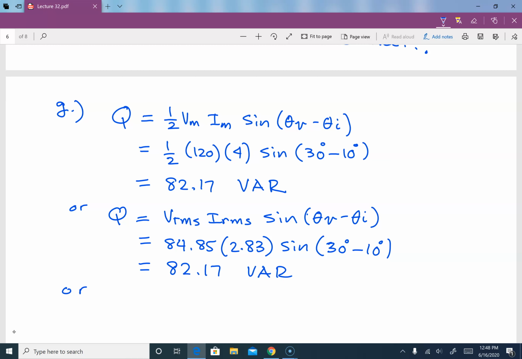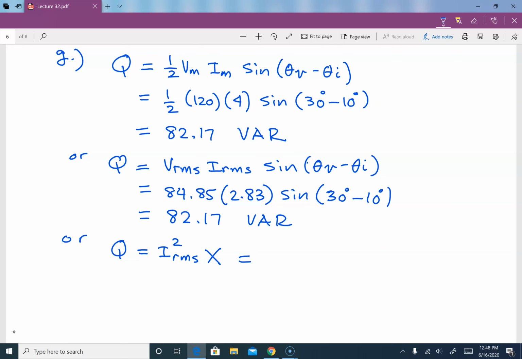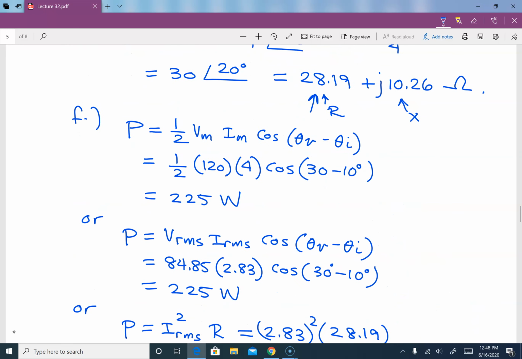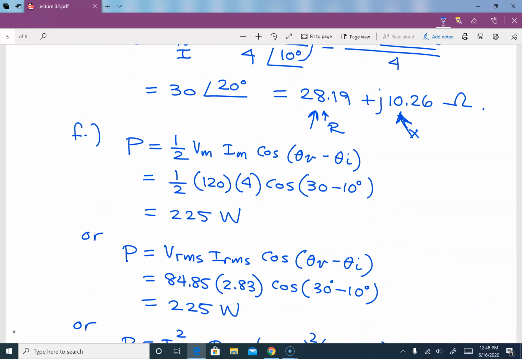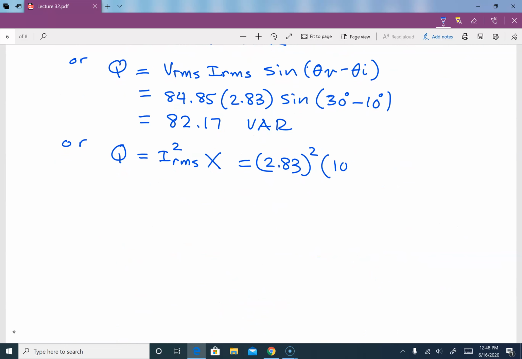Or you can use Q is equal to IRMS squared times X, and that is equal to 2.83 squared times our X, which is 10.26, and that is equal to 82.17 volt ampere reactive.